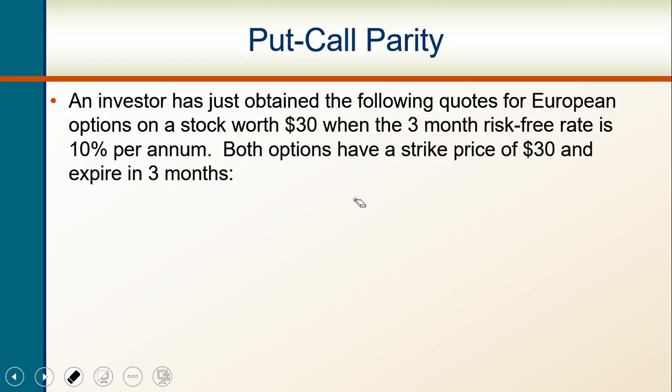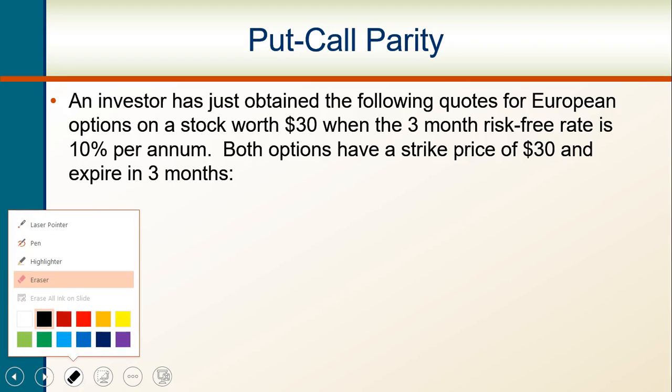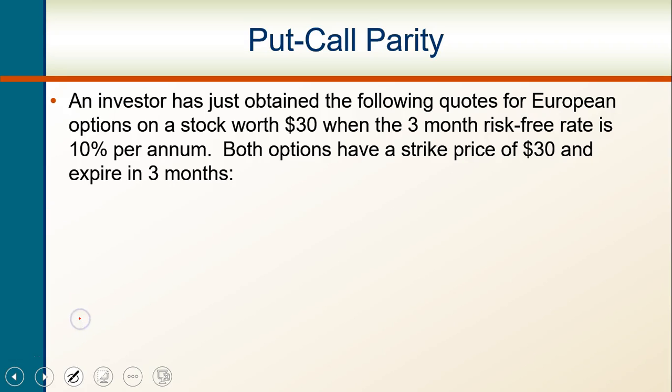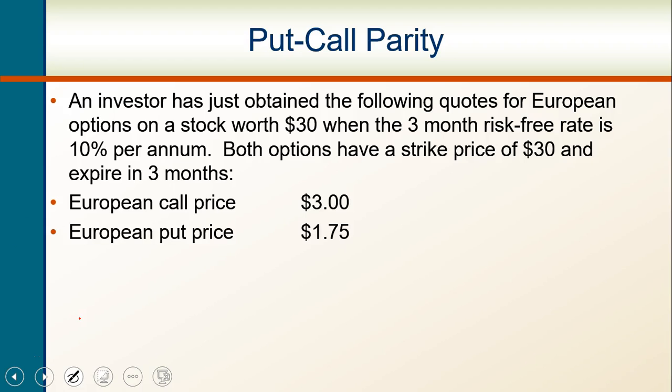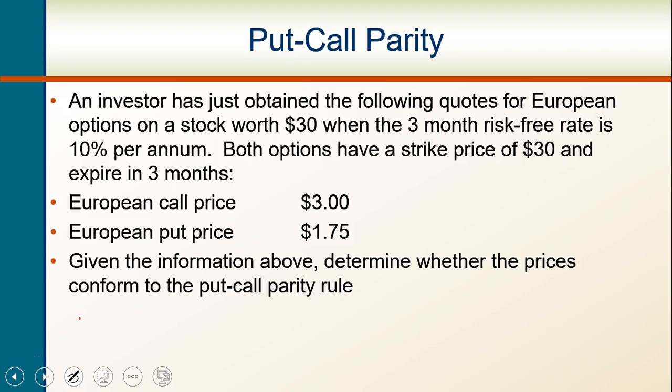Right, so this is some data here, and we are going to use this data to see whether the put-call parity condition holds. If it doesn't hold, there is going to be an arbitrage possibility, and we can exploit it for our advantage.